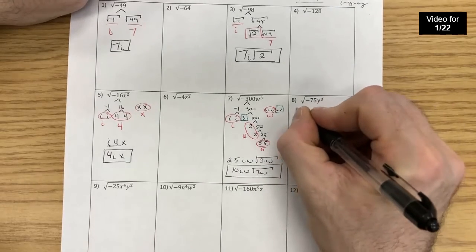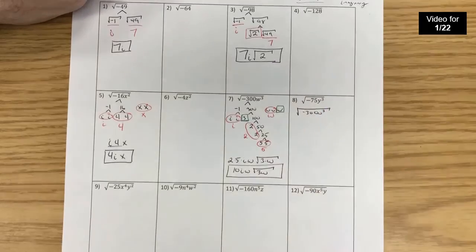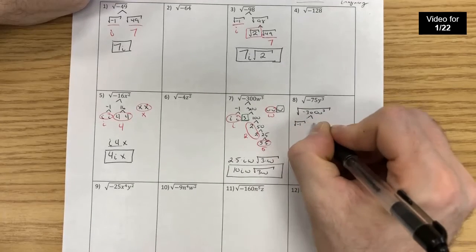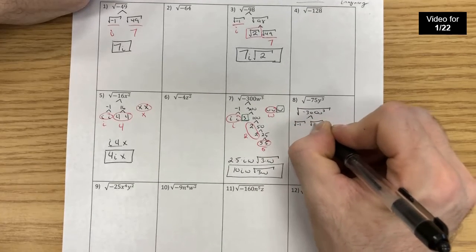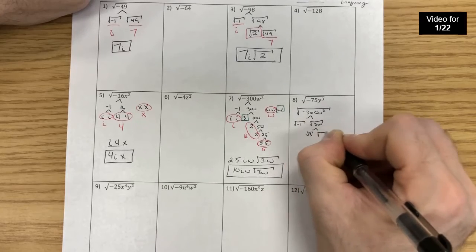Let's say I take the square root of negative 300, W cubed, and I do it like we did in number 3. And I say, okay, that's the square root of negative 1 times the square root of 300. That's the square root of 3 times the square root of 100.